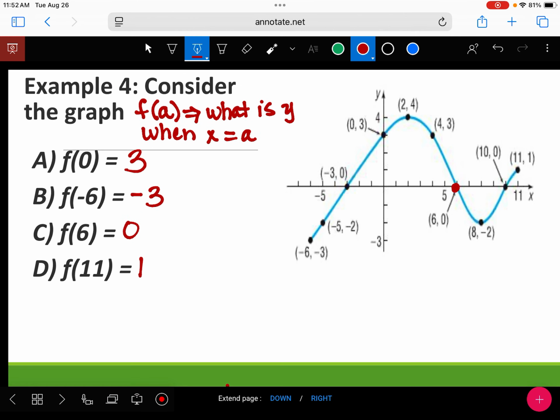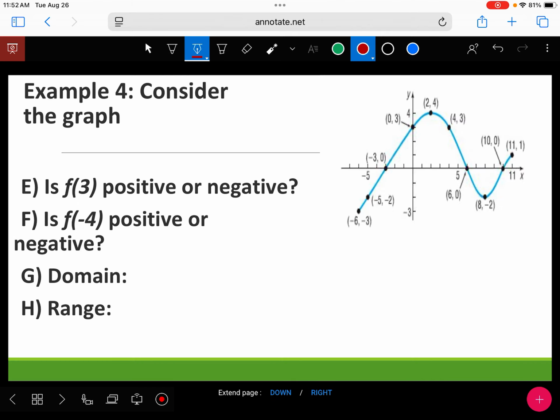Any questions about how we did that? Pretty easy? All right, next 4, go ahead and copy them down. E, F, G, and H. Same graph.